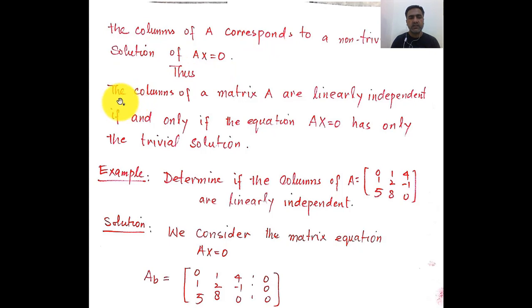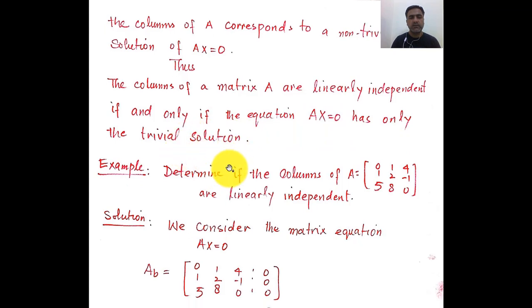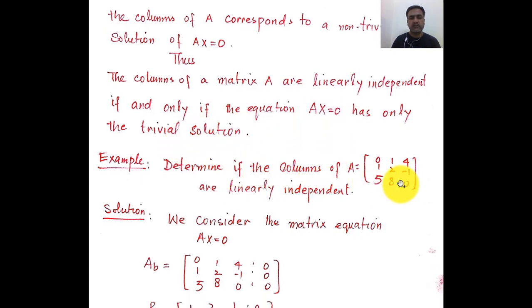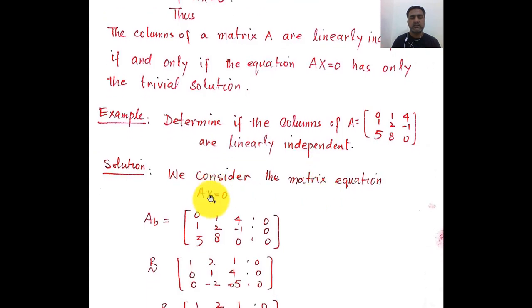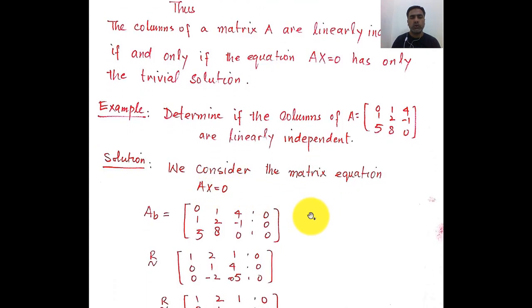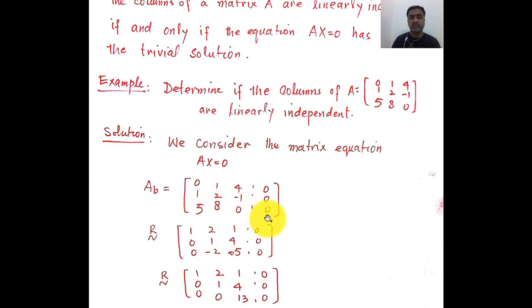Thus, we conclude that the columns of a matrix A are linearly independent if and only if the equation Ax equals 0 has the trivial solution only. For example, if we consider this matrix and we want to determine whether the columns of this matrix are linearly independent, we consider the matrix equation Ax equals 0, which has the augmented matrix as this.